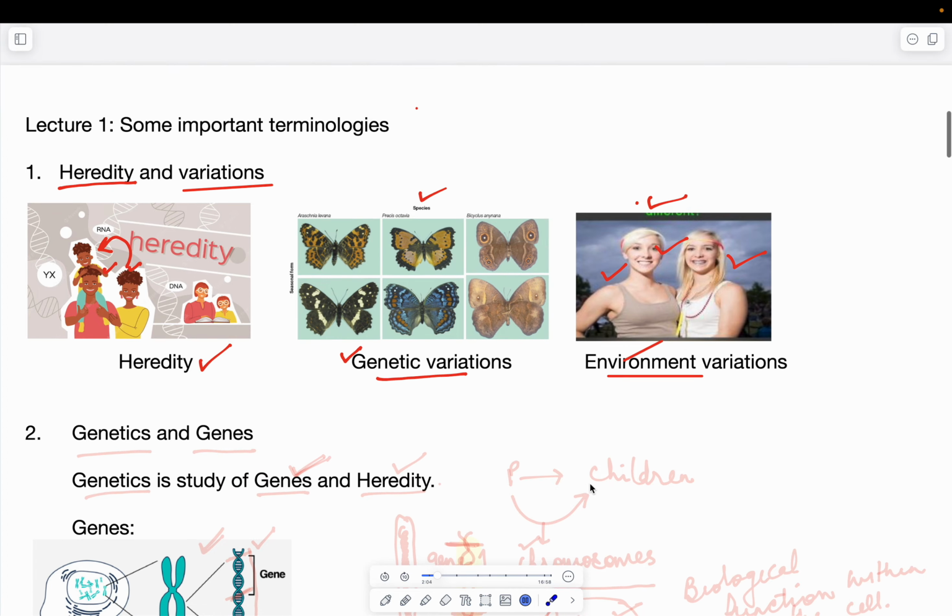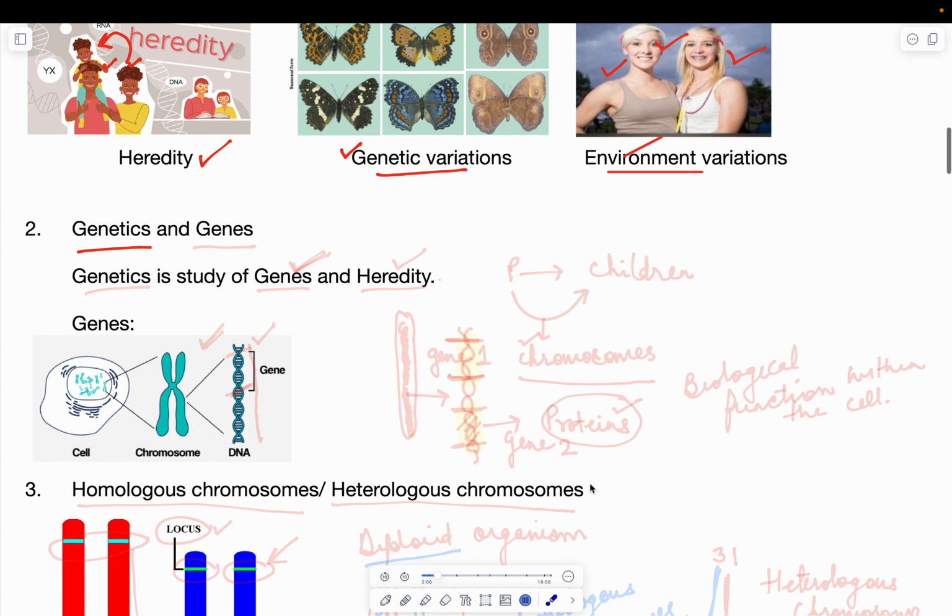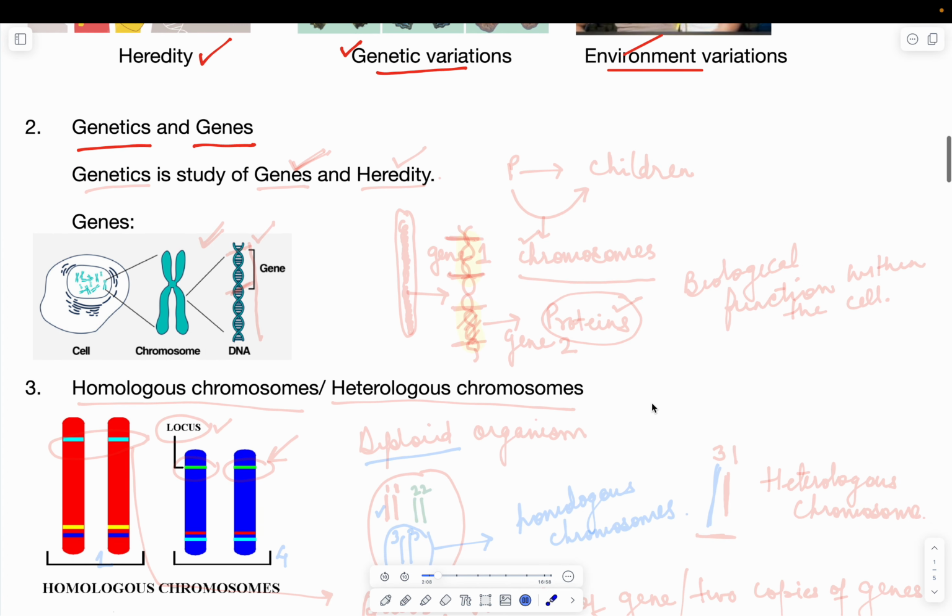So the next thing is genetics and genes. Both are quite related to each other. Genetics is the study of genes and heredity. Heredity, you already know, is the transmission of traits from parents to the children, right? Now, what do we inherit from our parents? We inherit basically these structures. These structures are known as chromosomes, right?